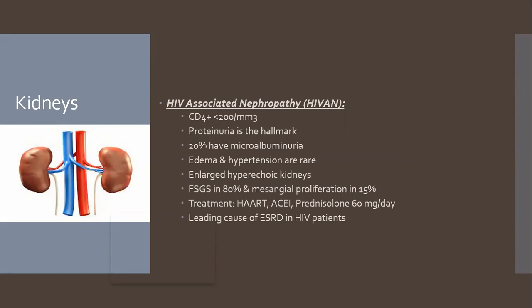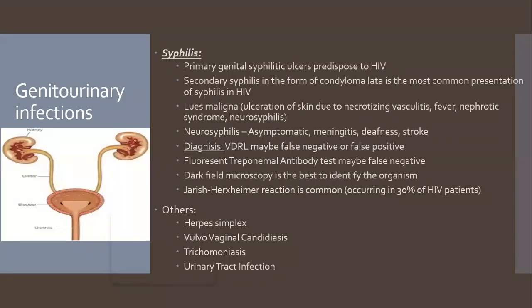We can have microalbuminuria, edema, hypertension. The histological finding will be FSGS, focal segmental glomerulosclerosis. The treatment will be ART here. This is another condition where we can give steroids. Okay, so that was about the kidney.